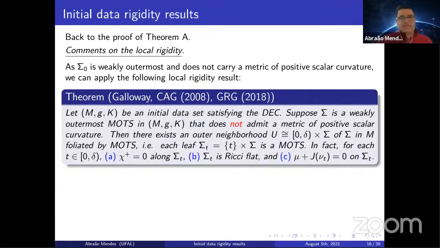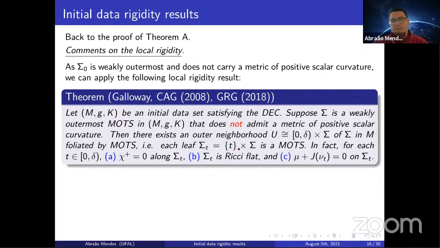All right. Then now we know that sigma naught is weakly outermost and doesn't admit a metric of positive scalar curvature. Then we can apply the following local rigidity result by Greg. So assume that you have an initial data set satisfying the dominant energy condition, and suppose sigma is a weakly outermost MOTS in the initial data set that doesn't admit a metric of positive scalar curvature.